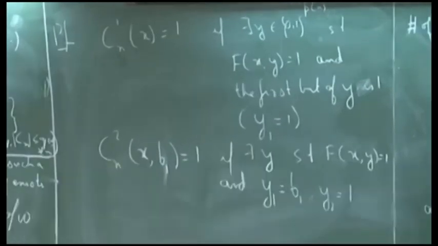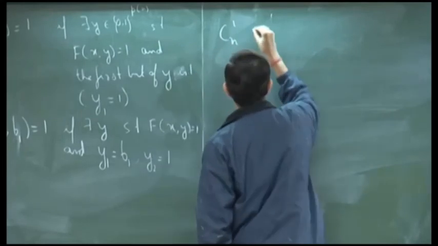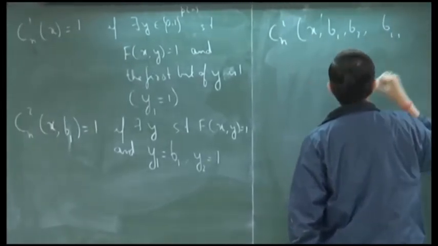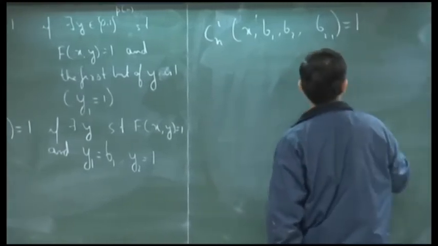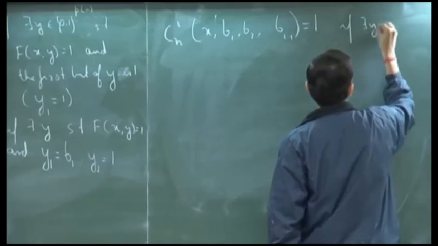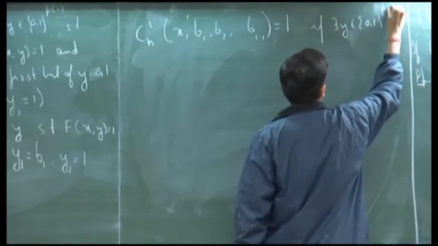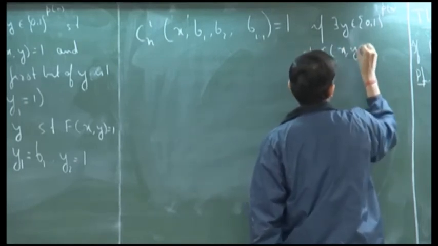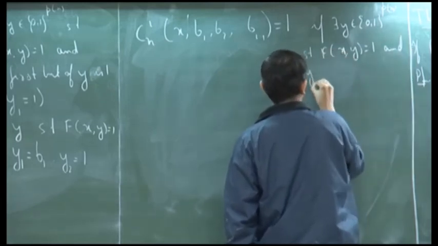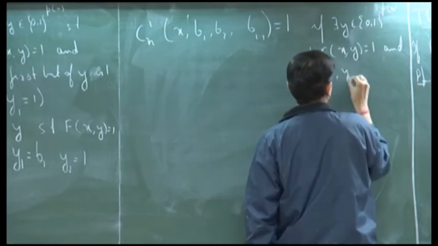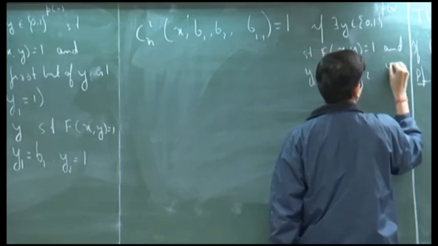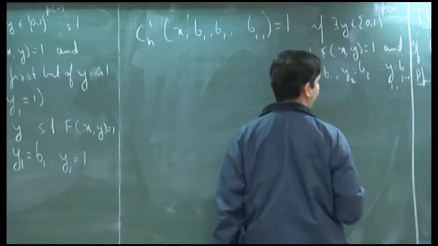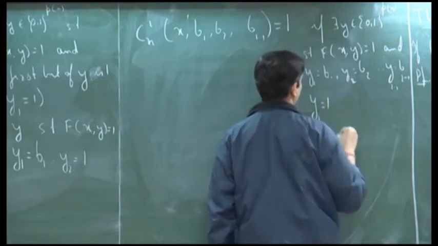Now we can generalize this and define the circuit Cni that, given x and the bits b1, b2 up to b i minus 1, will output 1 if there exists a y of size p of n such that f of x y is equal to 1 and y1 is b1, y2 is b2, up to y i minus 1 is b i minus 1, and yi is 1.